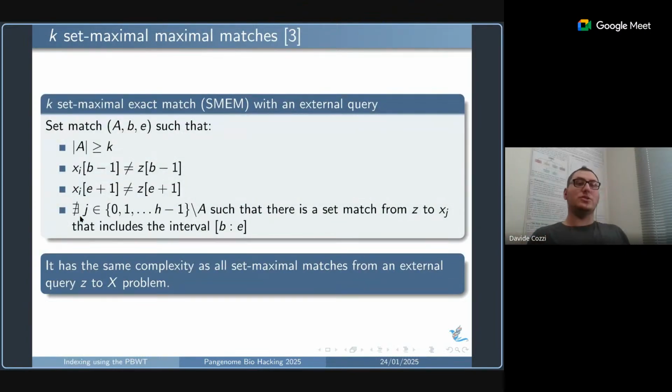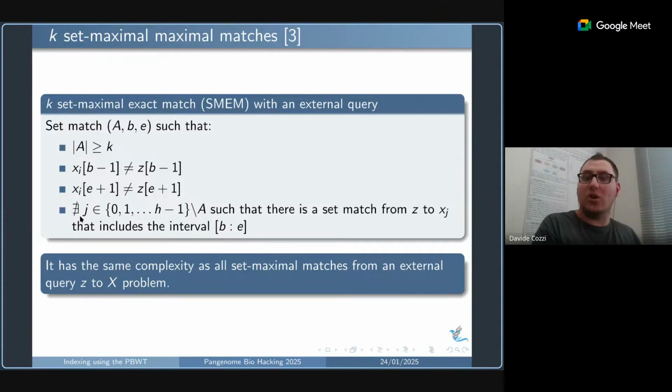We can also solve other kinds of problems. For example, set maximal exact matches with a coverage, because in the example seen before, we have some SMEMs with just 1 line in the reference panel. Is this enough to provide some meaningful result? I'm a computer scientist, not a biologist, so I like to provide also some algorithms that give stronger results.